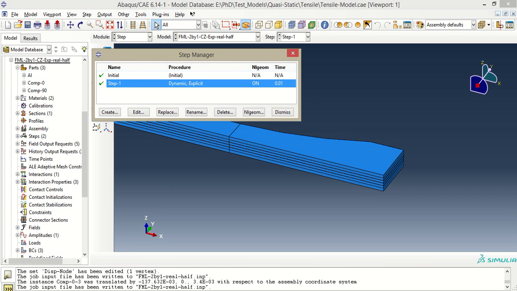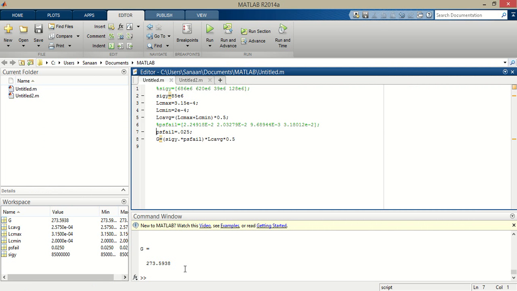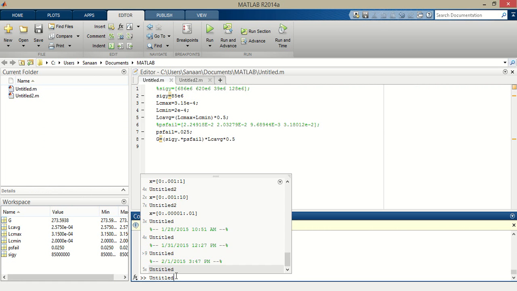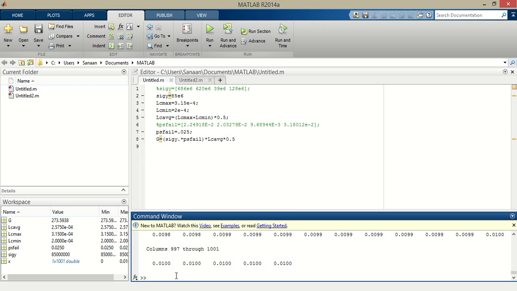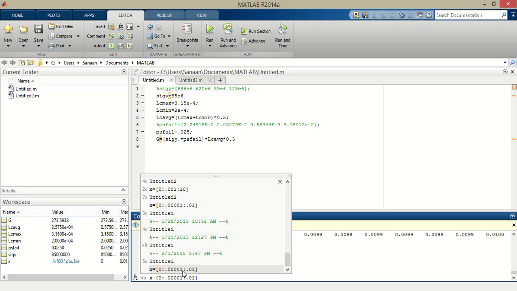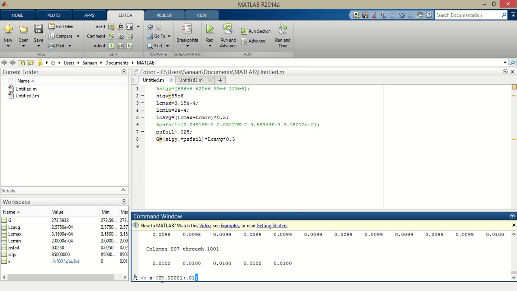So you can use MATLAB for sure. In MATLAB you can generate it, for example in this format. In MATLAB you can go from 0 to 0.01 in small steps, with a step size of 0.001.